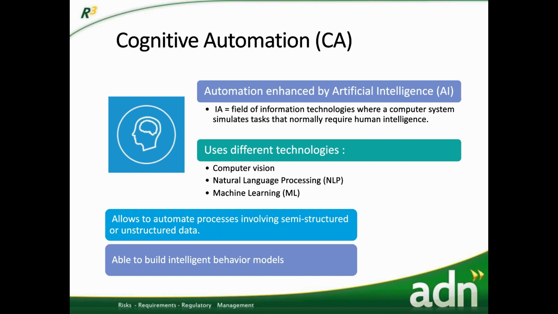We called cognitive automation this use of artificial intelligence in the bots of RPA. Artificial intelligence is the field of information technology where a computer system simulates tasks that normally require human intelligence.